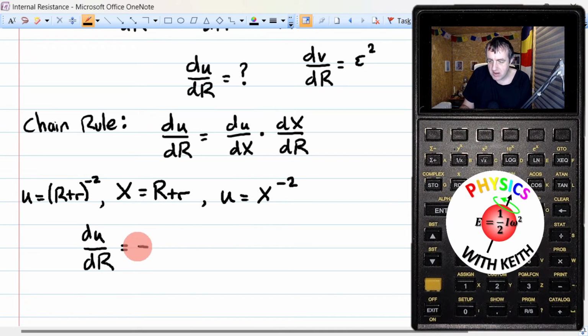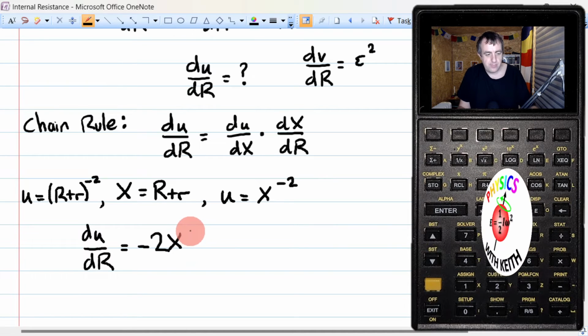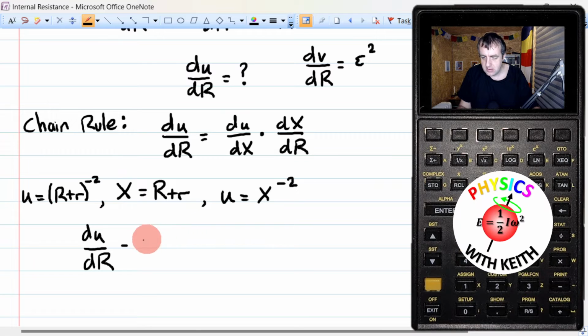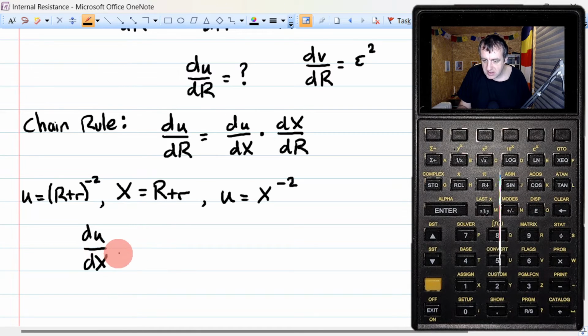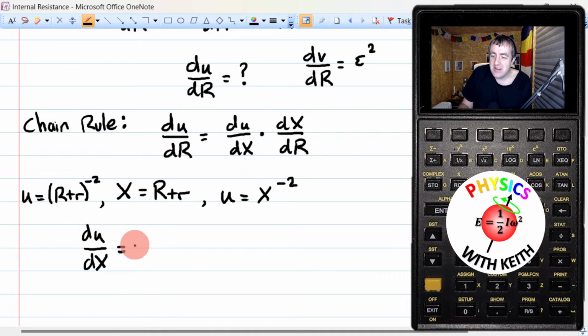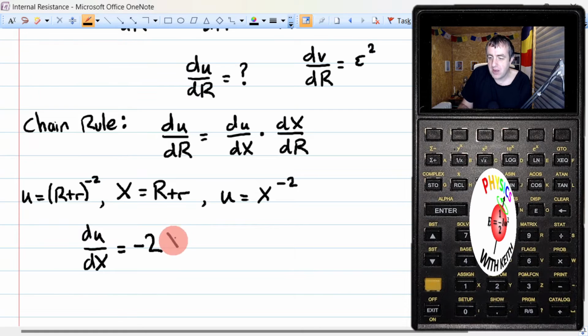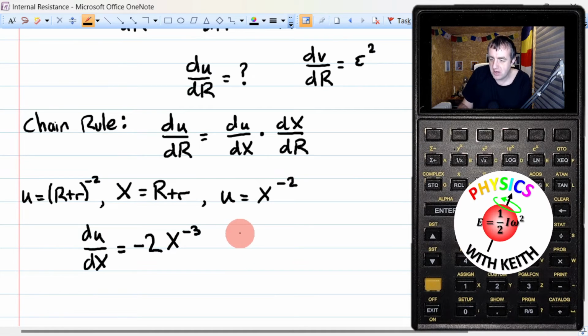That's just going to become negative 2x to the power of, let's write it down, dU/dx instead of dU/dR. That's going to be equal to negative 2 multiplied by x to the negative 3. That's how differentiation works.